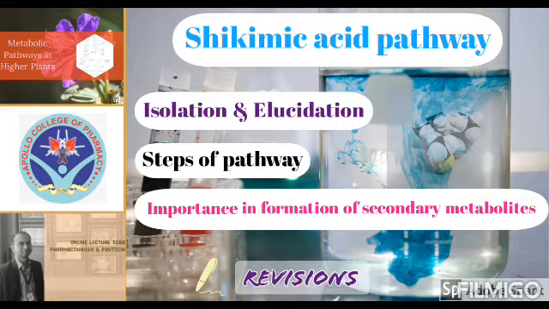Shikimic acid was first isolated from Japanese shikimi, while the complete elucidation of the shikimic acid pathway was done by Bernard Davis and his collaborators. It includes the formation of the essential amino acids phenylalanine, tyrosine and tryptophan, with many intermediate products.